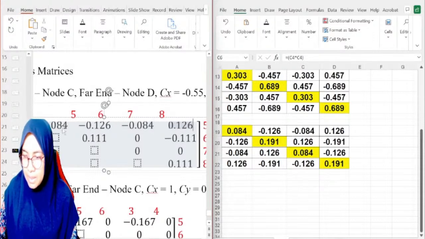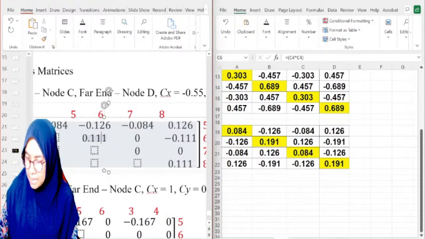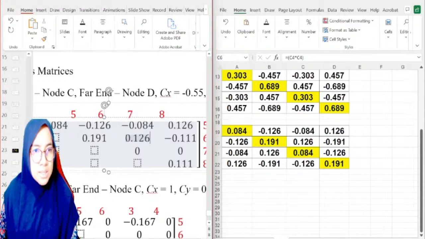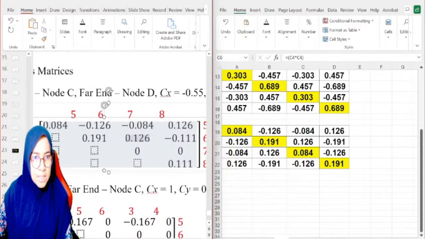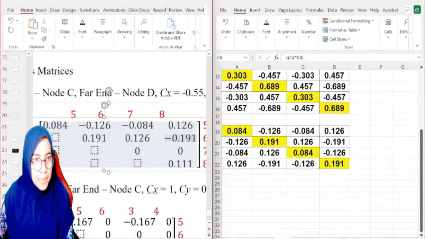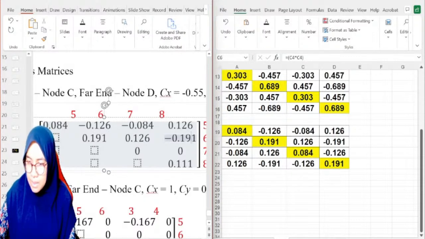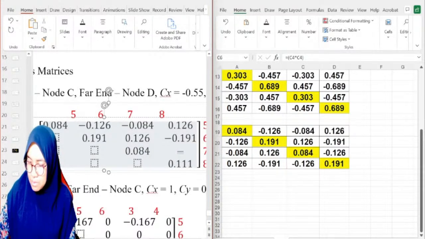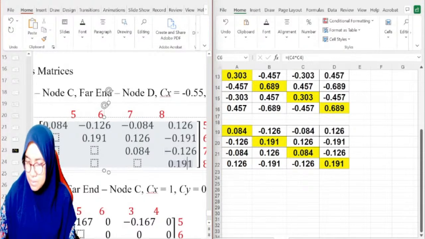Then 0.191, 0.126, negative 0.191, and then 0.084, negative 0.126, 0.126, 0.191.